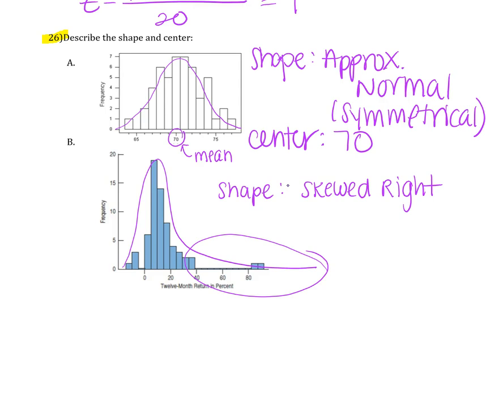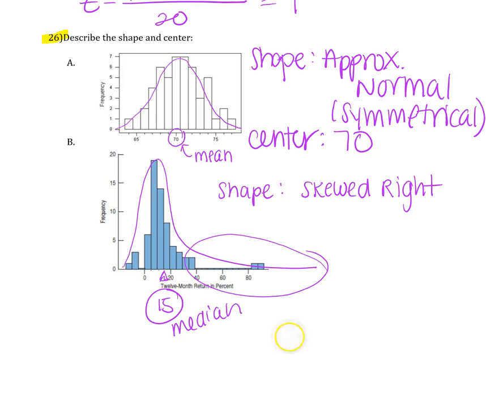The center of it, the balancing point, looks like maybe it would be somewhere right in here. I was just going by 5, 10, 15, maybe like 15. Okay, and that's not the mean anymore for the center of the distribution. That's actually the median. That's your middle value.